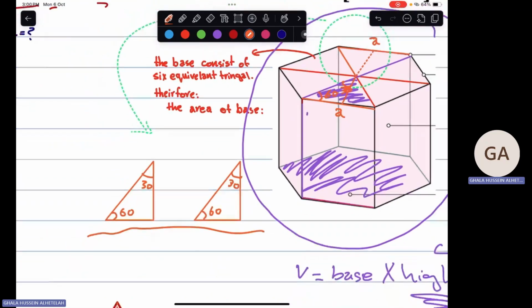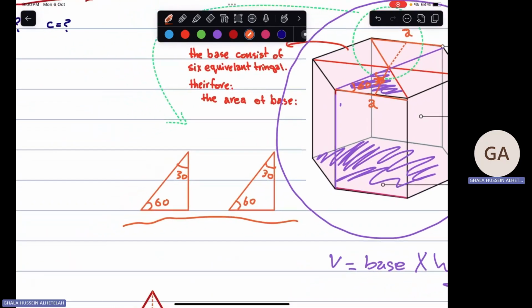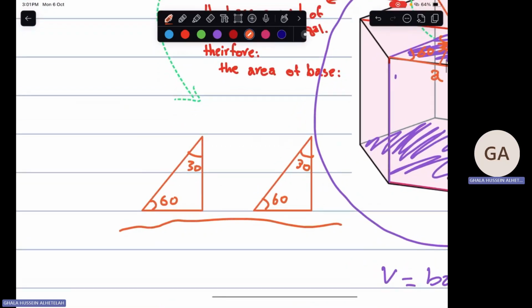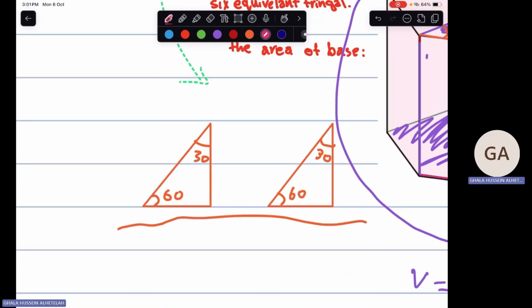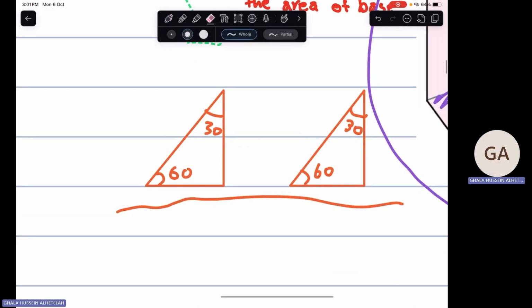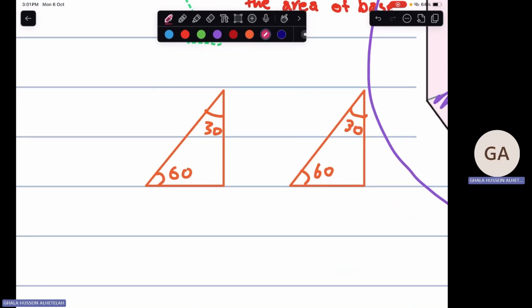So we are going to use the similarity of triangles and find the relationship between them. In the famous 60-30 triangle, we know that this side is equal to 1, the hypotenuse is 2, and this one is square root of 3.